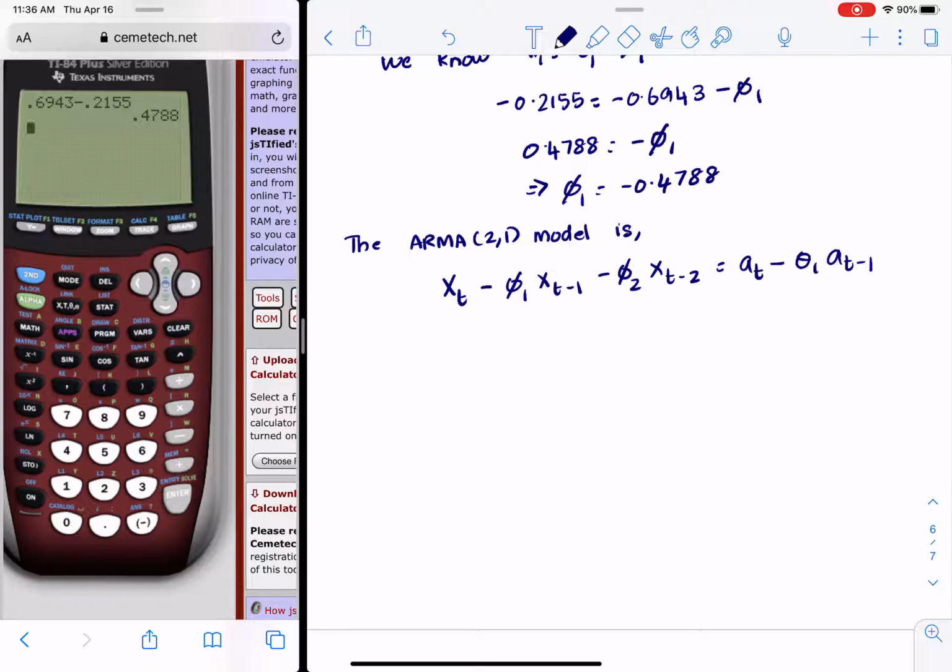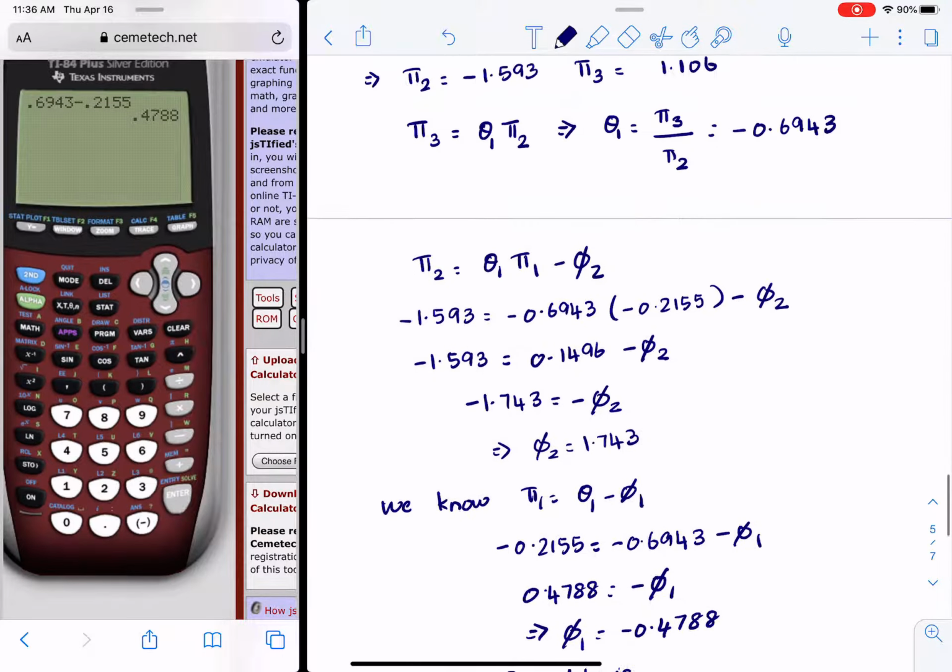I simply plug in the values of phi 1, so I have xt minus 0.4788 multiplied by xt minus 1.